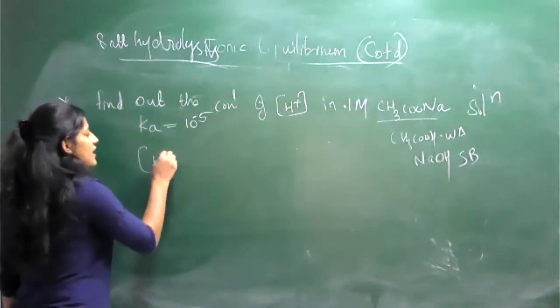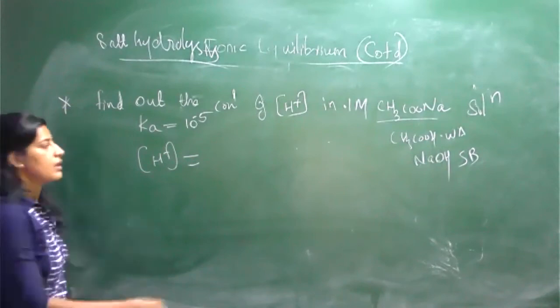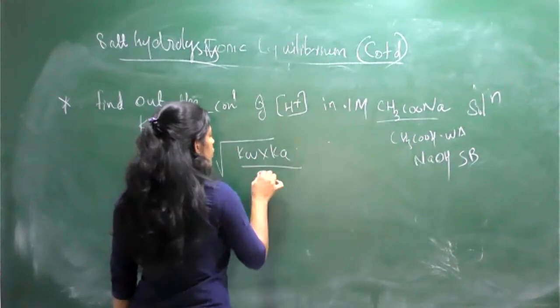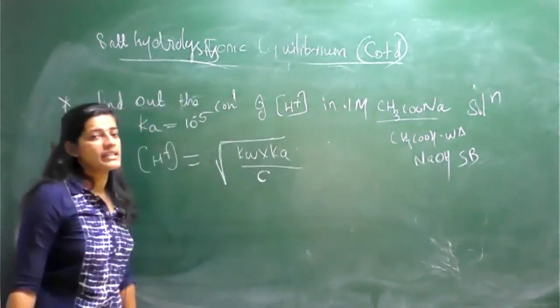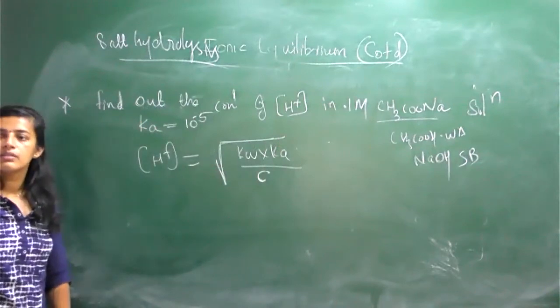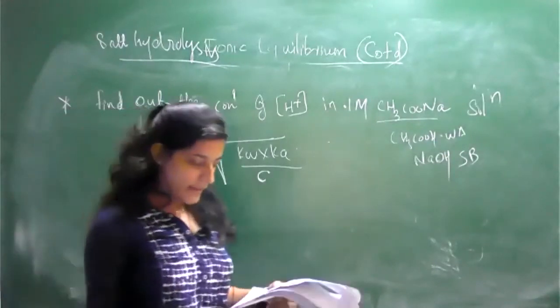H plus ion is equal to root of Kw into Ka divided by C. Substitute everything. Everything is given. 0.1 molar. Kw you know. Substitute.